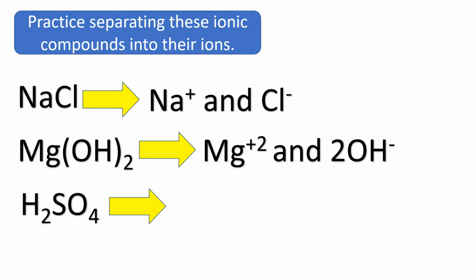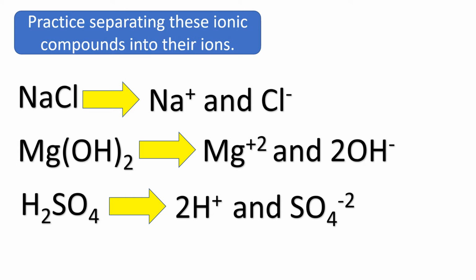Okay, what about this one here? Hopefully you're starting to play along a little bit now. You should recognise I've got 2 lots of H+, and I've got 1 lot of the sulfate, which is minus 2. Now, I could have worked that out from the formula. I've got 2 lots of hydrogen, I know hydrogen is 1+, and so SO4 must be 2- in order to balance that out.